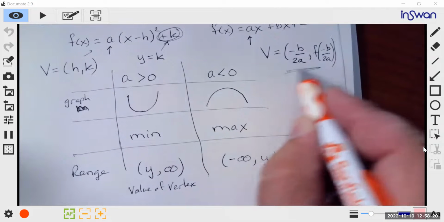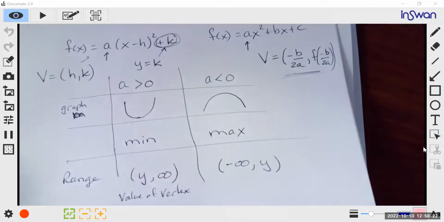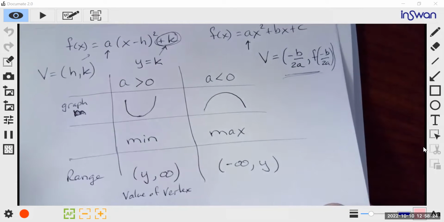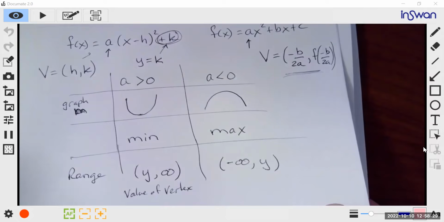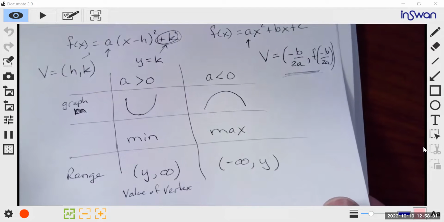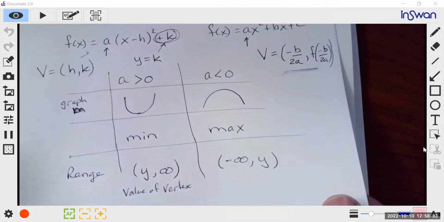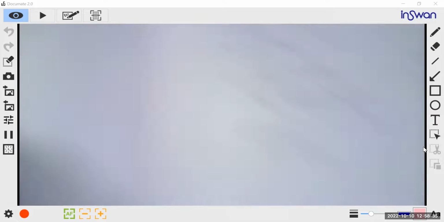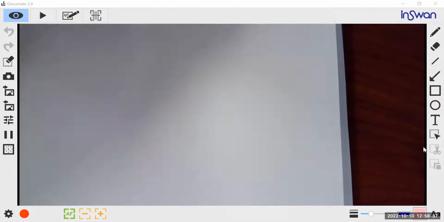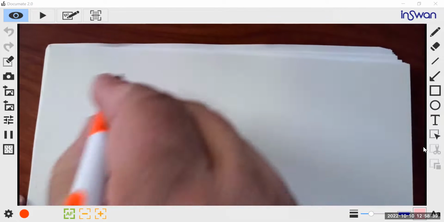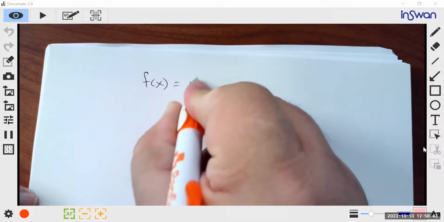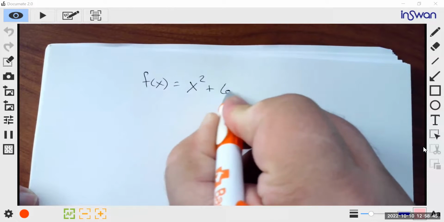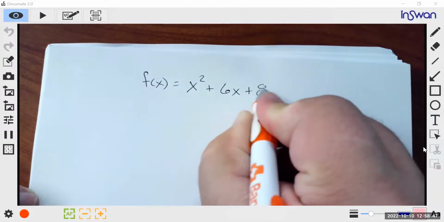Let's work this one out with the same equation we had a second ago. x squared plus 6x plus 8. Okay, so f of x equals x squared plus 6x plus 8.